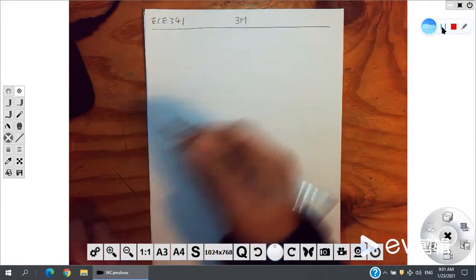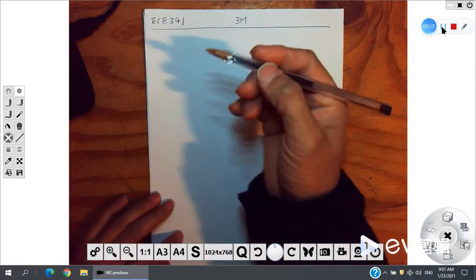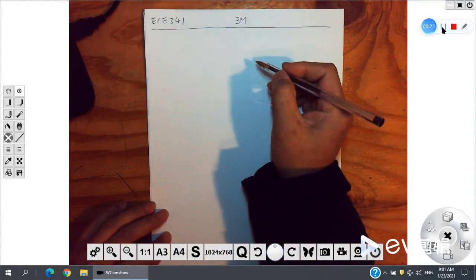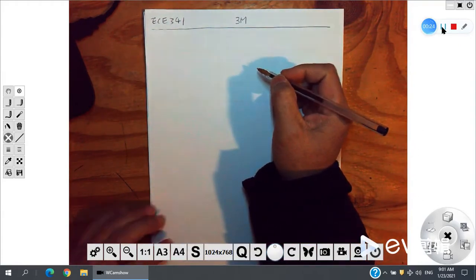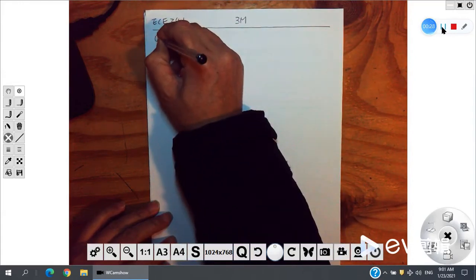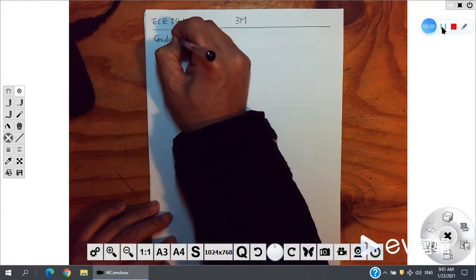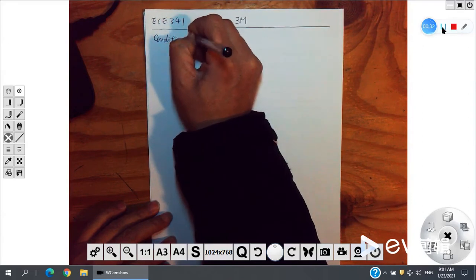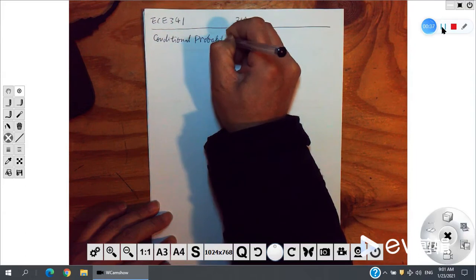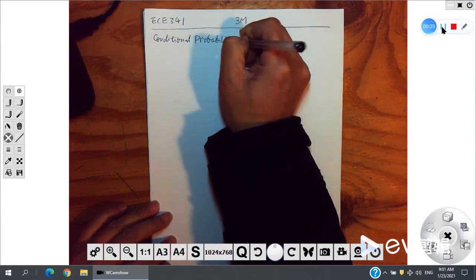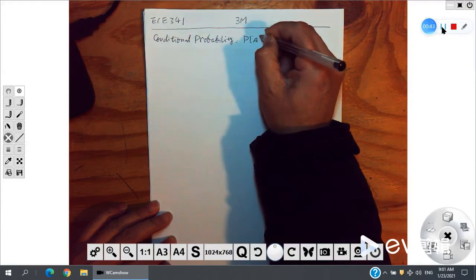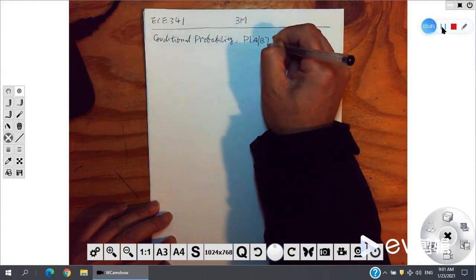Okay. Last time we introduced the concept of conditional probability and independent events, right? So this one is a conditional probability, that is, the probability of event A under the condition B. B is a condition.